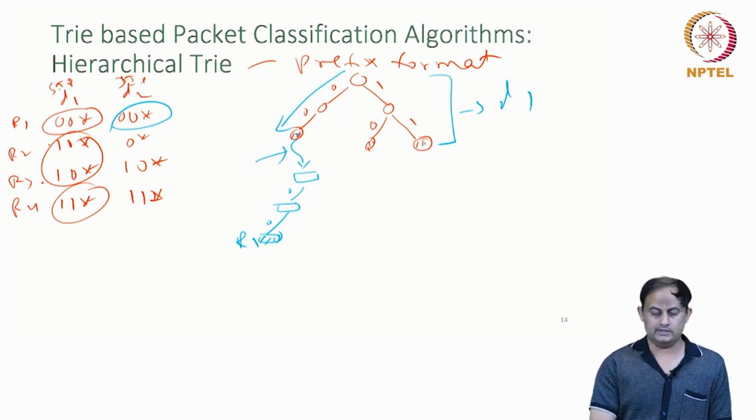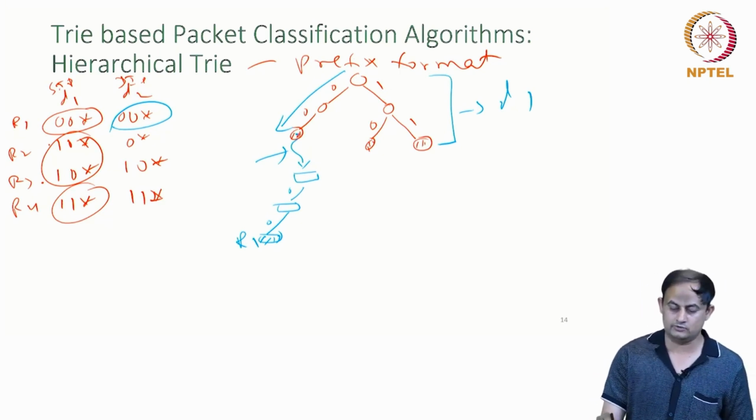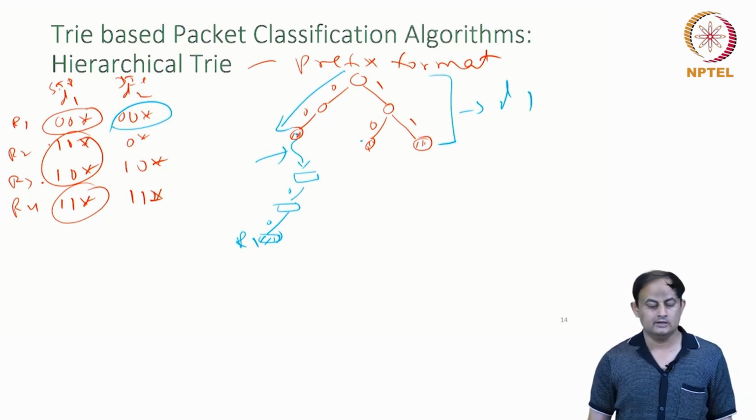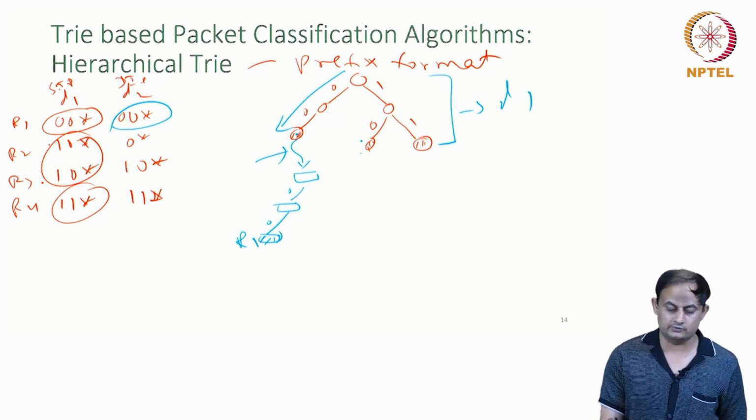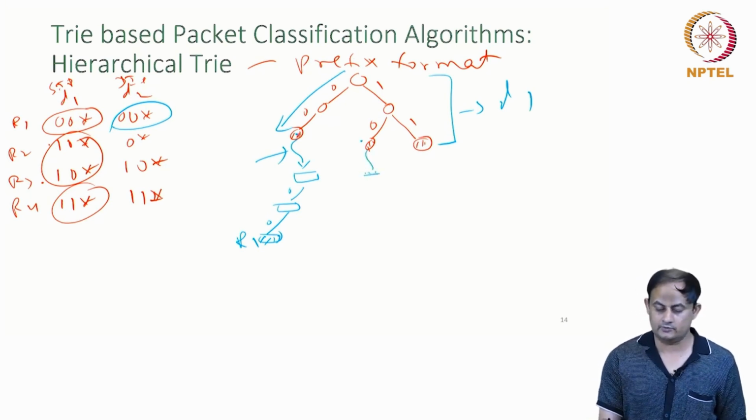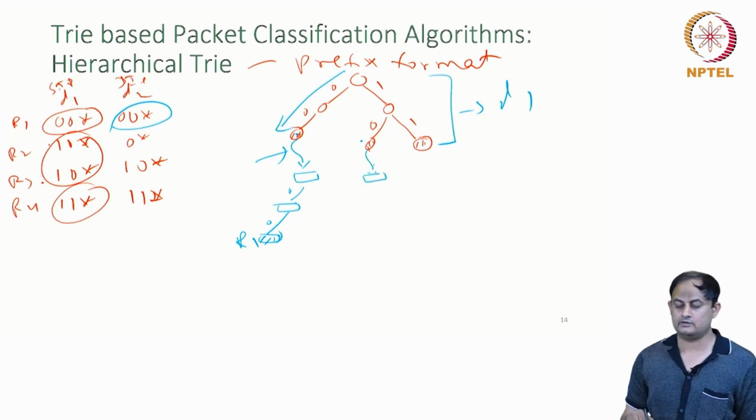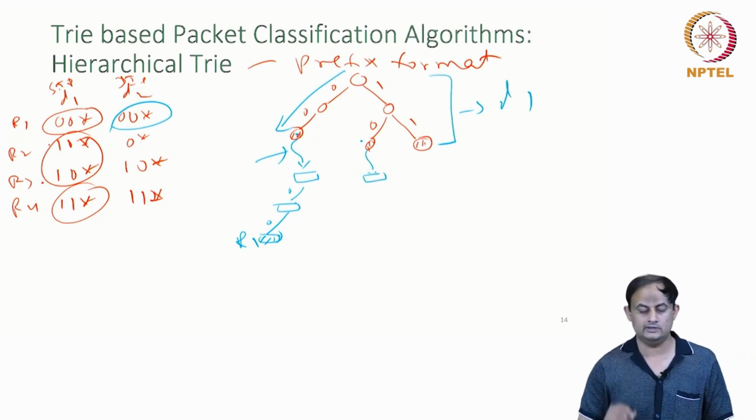So rule R1 is done now, and rule R2 is saying 10 star. This is the node which is representing 10 star, and there are two combinations. For R2, as usual, I am going to have a dummy link or no cost link from this node to the next level root node, and then on 0 it is else.